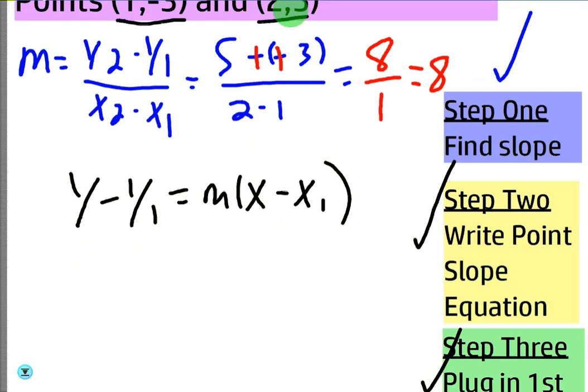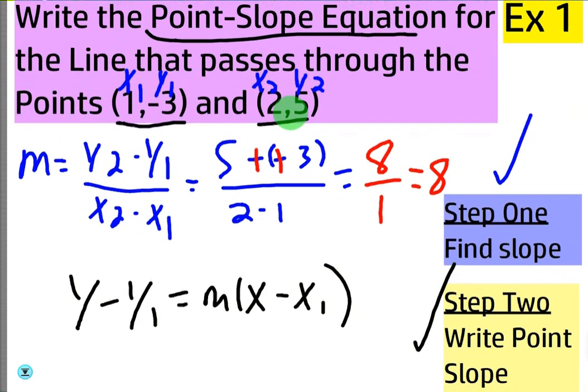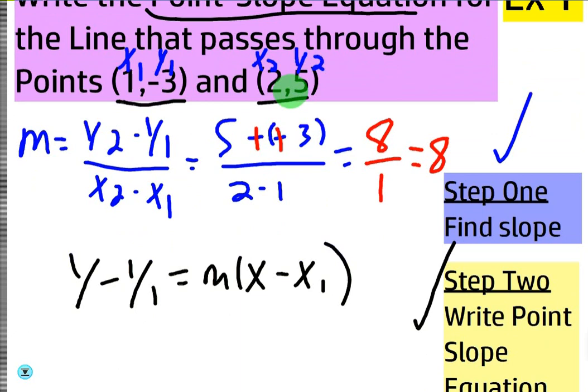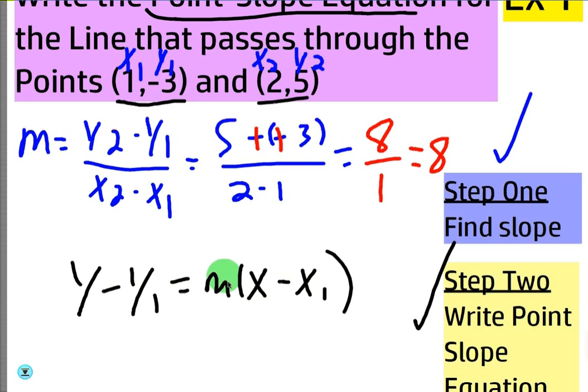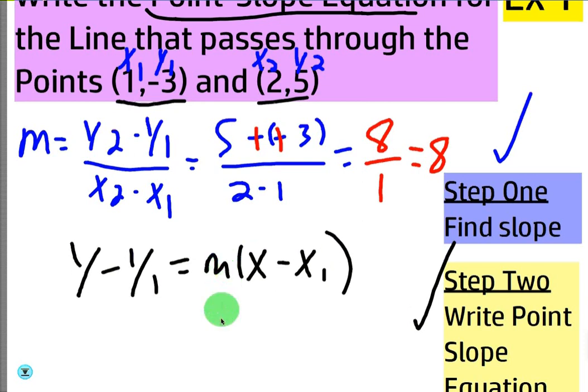But that's kind of why you label your first point x1, y1. In other words, this is the point you'll be plugging into the equation, not the second point. Although you could actually, and the strange thing is you could plug in the second point and it'd be the same exact line. If you graphed them both, even though they look different, it'd be the same exact line.